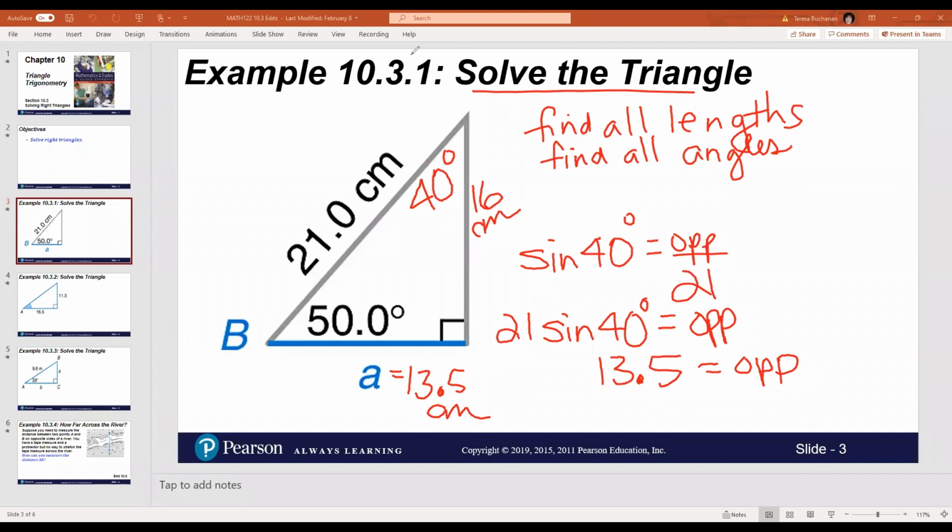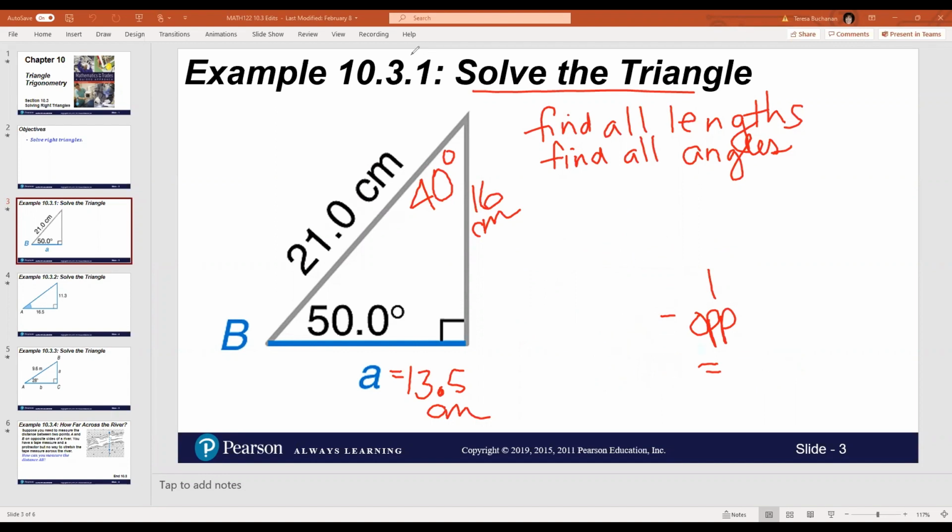We got all the angles and all the side lengths. And you could also and should double check. How could you check to make sure that this is correct? Well, we know, of course, the angles all add up to 180. That part seems to be all right.